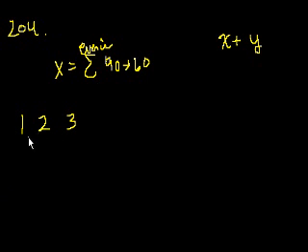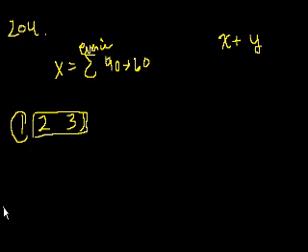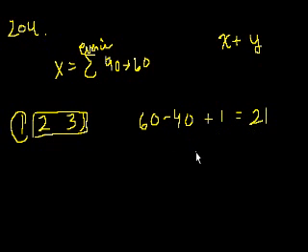But if you wanted a quick way of saying it, you could take the end point minus the starting point, 3 minus 1, and then add 1. So if I wanted to know how many integers there are between 60 and 40, I would say 60 minus 40, and then I have to add 1 because we're including 40 as well. So y is equal to 21.